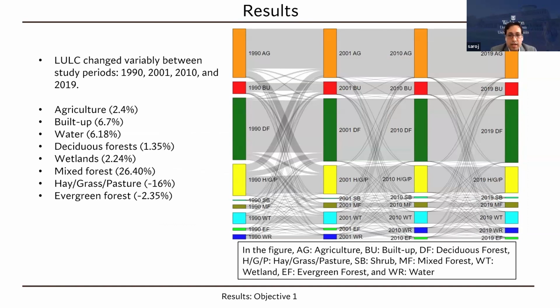In the Sankey diagram figure, you can see thin network lines between the years indicate the amount of change is very low between the years, mostly dynamics happening between agriculture and grasslands and some deciduous forest. But this indicates a very slow change, particularly after 2001.